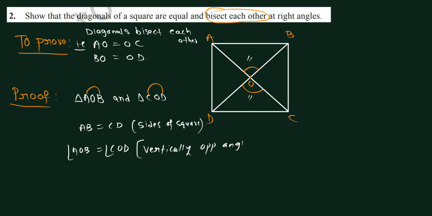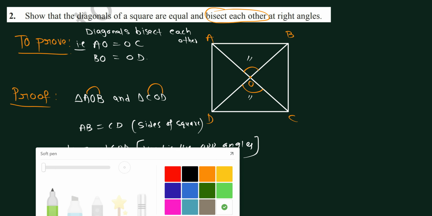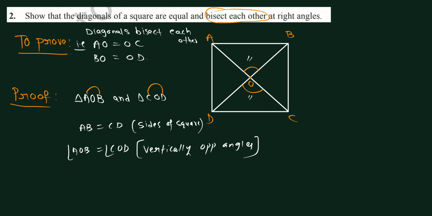And to prove one more thing, this is a square, right? It's related to a parallelogram. So let us say this is angle 1 and this is angle 2. These are the two angles that lie between the two parallel sides, and this is a transversal line.